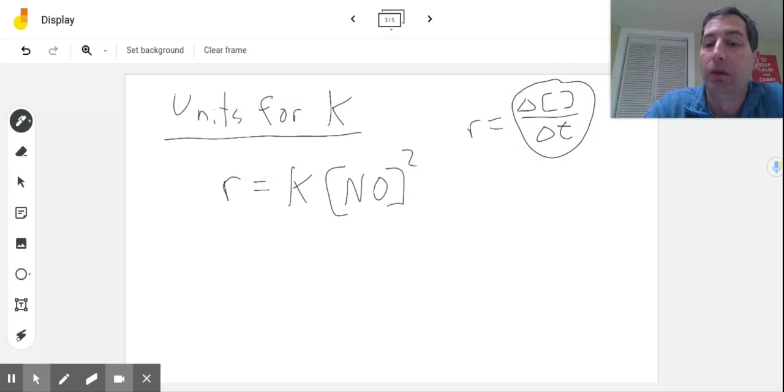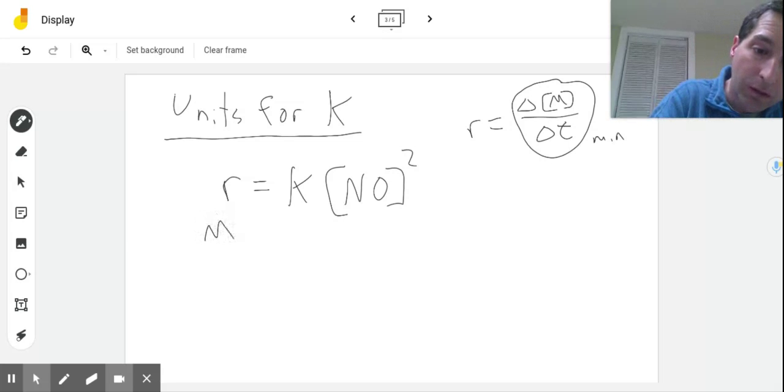But we know in the numerator here that concentration is going to be in molarity, and time could be like minutes or seconds or hours, something like that. So as an example, we will say that it's going to be a change in molarity per second. So those are the units for R.